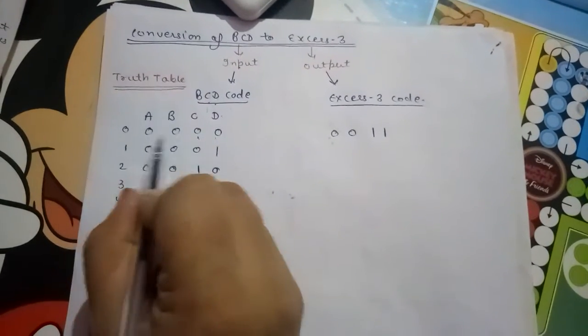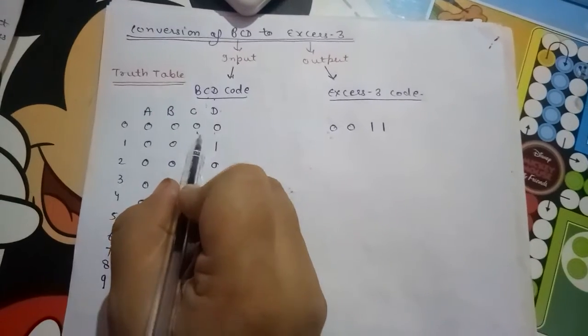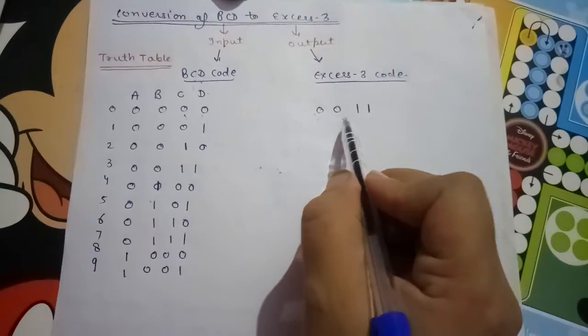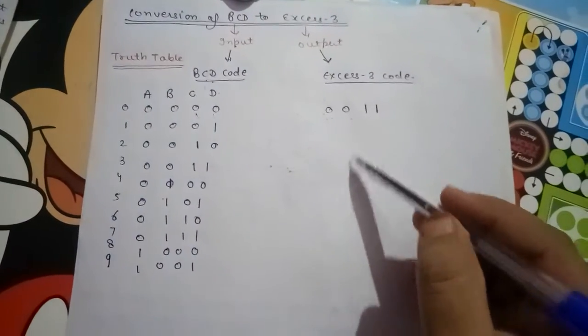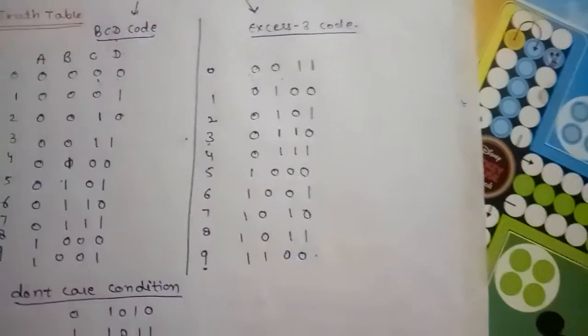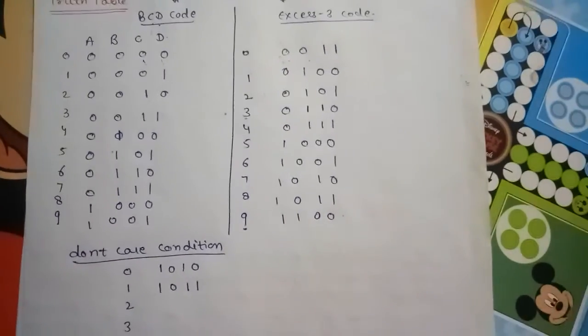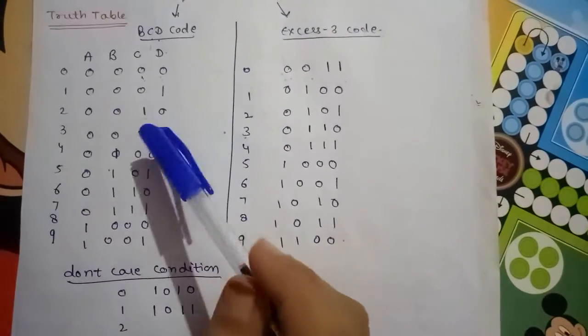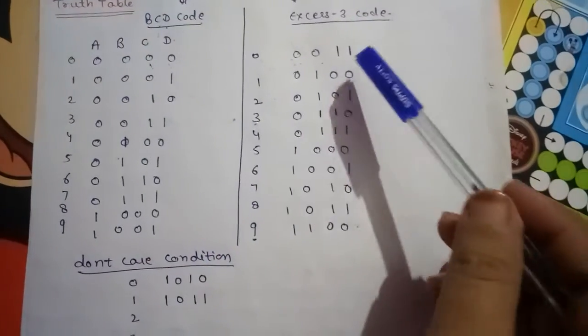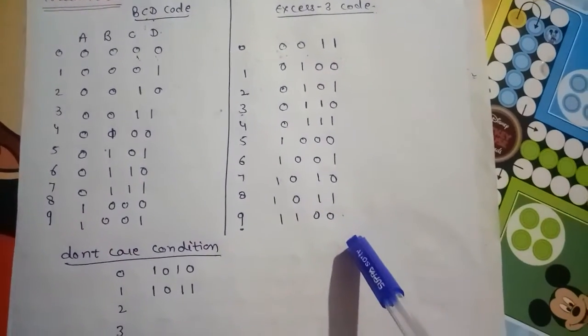So we add 0 0 0 0 with 1 1, and the output will be 0 0 1 1. Like this we create the truth table for the XS3 code by adding 3 to all the numbers. So this is the truth table for the XS3 code.